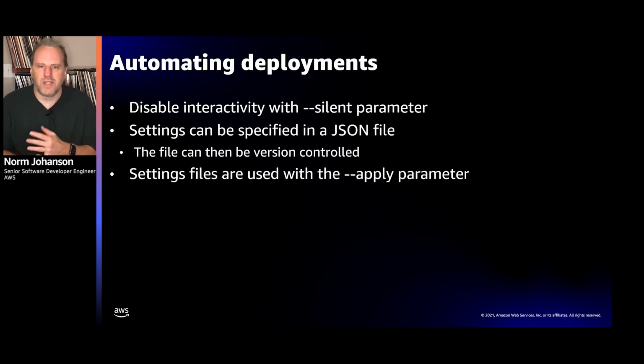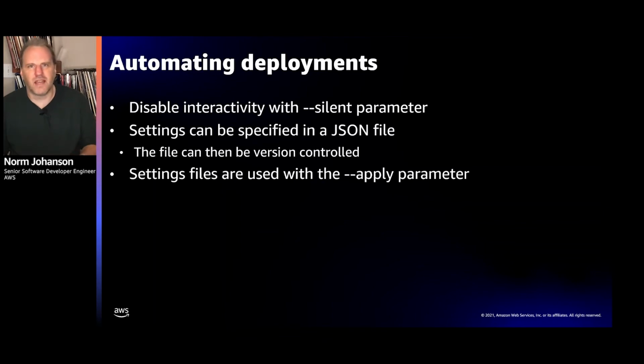Now, so far, we've demoed all interactive deployments, from the command line or Visual Studio, and that's really useful for creating your proof of concepts or setting up your dev environments. But when it comes to your production environments, you more likely want to do an automated deployment, and the tooling can help you with that as well. You can turn off all the interactivity by passing in the --silent parameter.